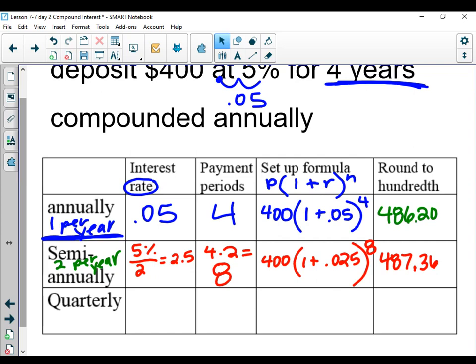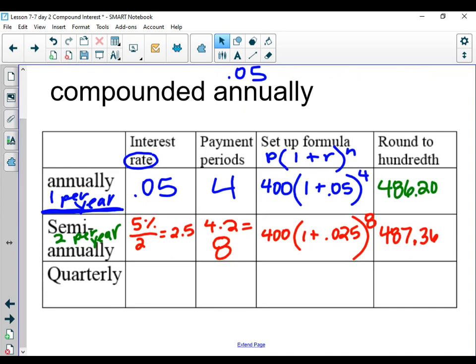Maddie gets this brilliant idea. Layton, Isabel, no way. I'm giving quarterly interest, which would mean 4 times a year.